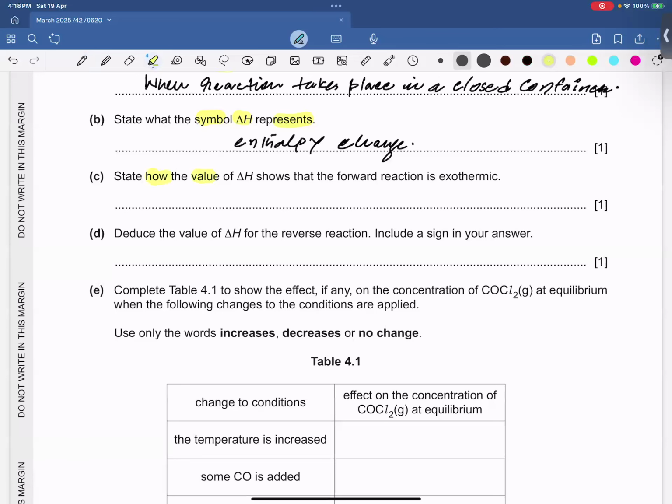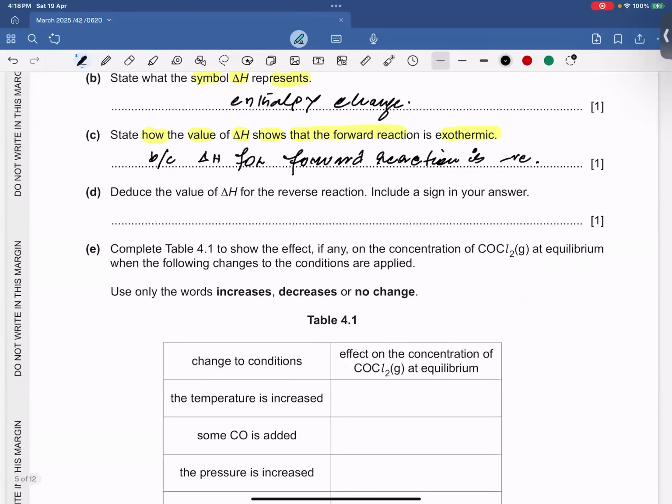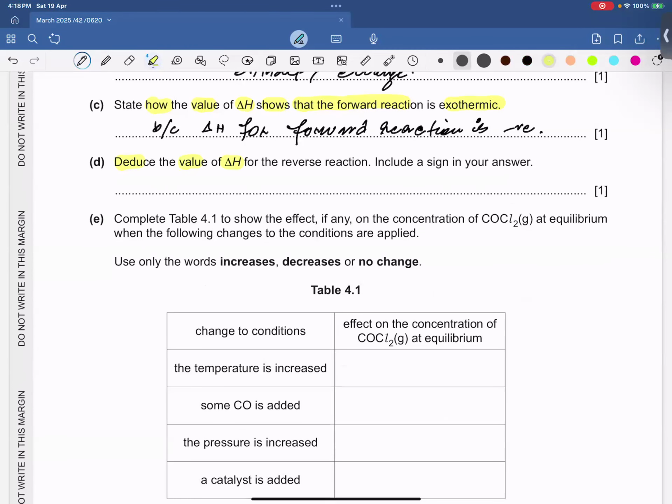State how the value of delta H shows that the forward reaction is exothermic. Because delta H for the forward reaction is negative. Deduce the value of delta H for the reverse reaction, include a sign in your answer.